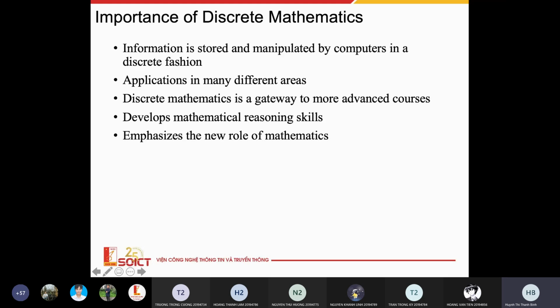I know that a lot of students are afraid of discrete math because they think it's very difficult, but I want to let you know that it's not difficult, because a lot of real-world application and optimization problems you can solve by discrete math, and it's very familiar for you.